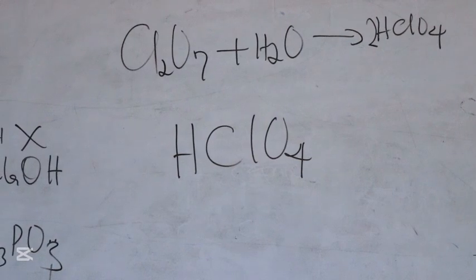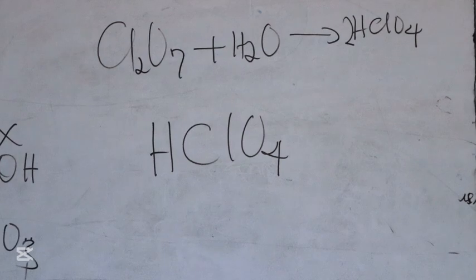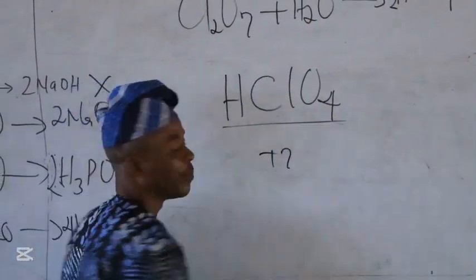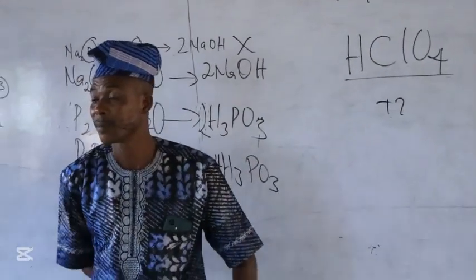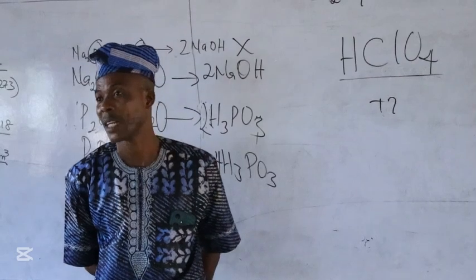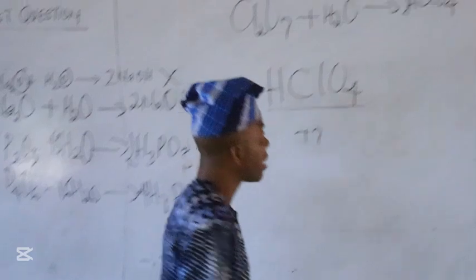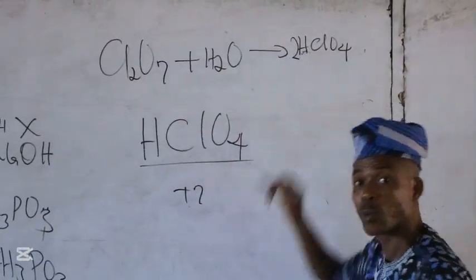When you are asked to calculate oxidation number, if you don't put the charge there, it is 0. Plus 7. Then what will be the name? Hydrogen. And you are saying 6. So what you are telling me is that you use the 2 here. Why can't you multiply this one by 2?